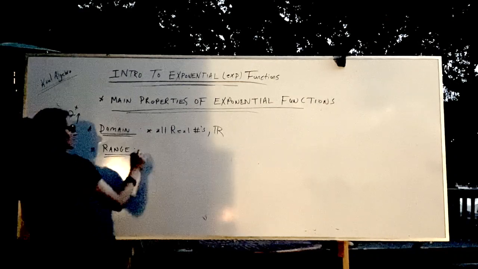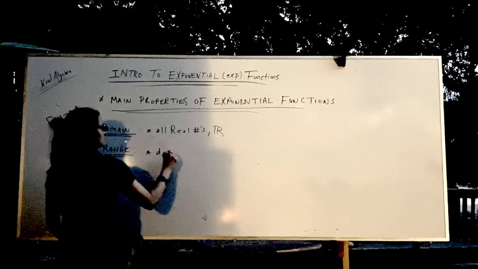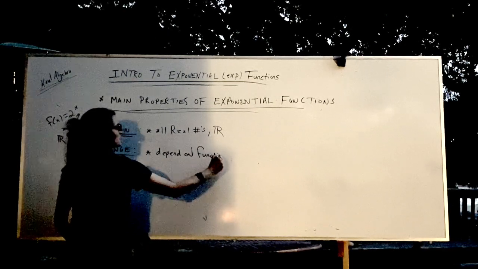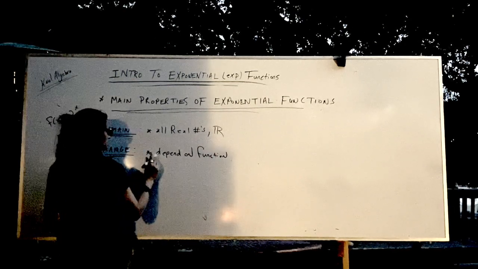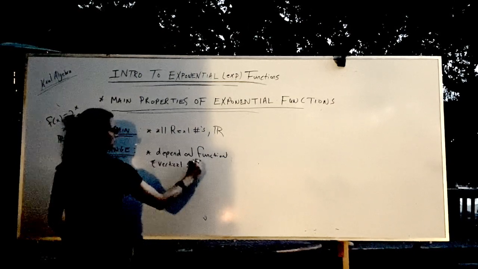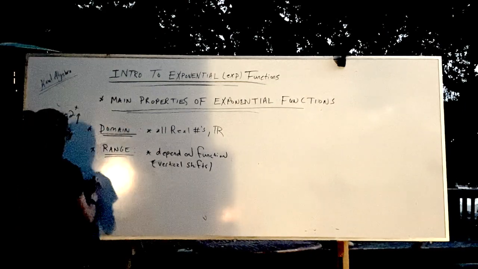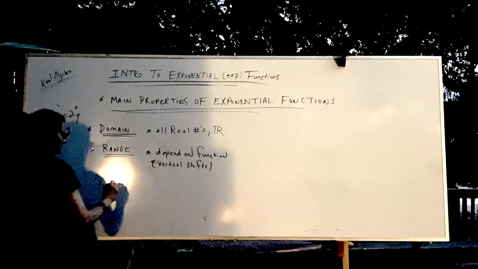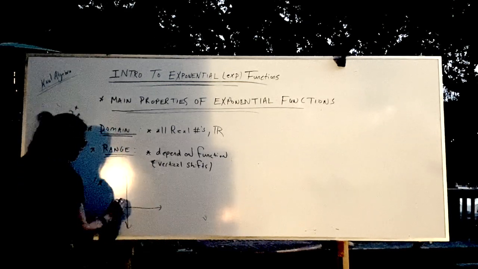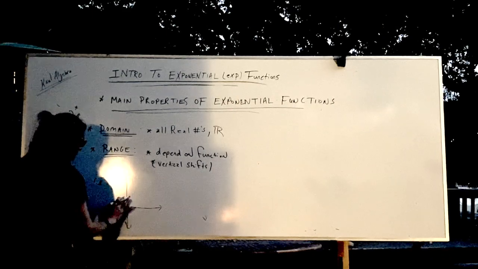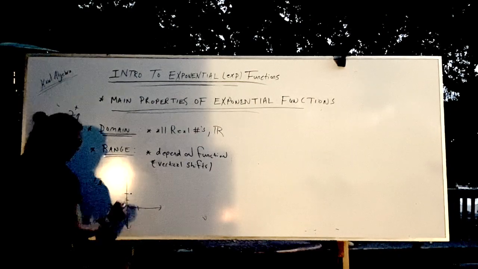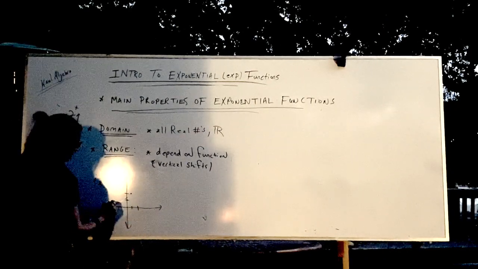The range is going to depend on the function and vertical shifts. So for example, if I looked at the function 2 to the x, I will just redraw this sketch. I don't need to go into extreme detail, but just remembering some of the main points. 1, 2, 0, 1.